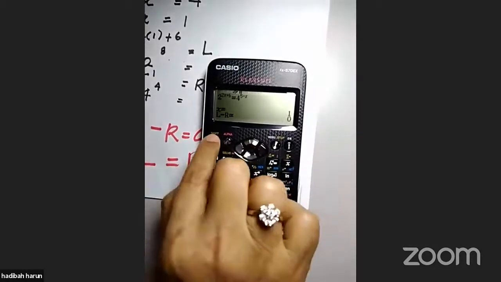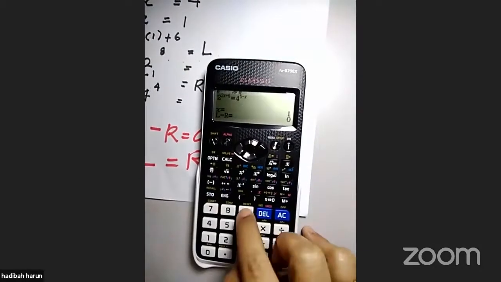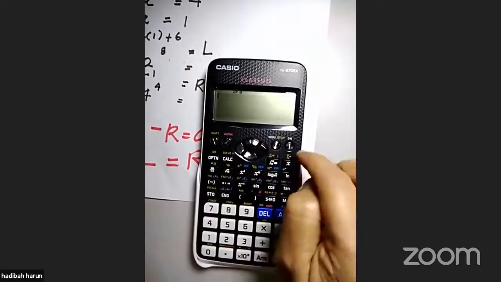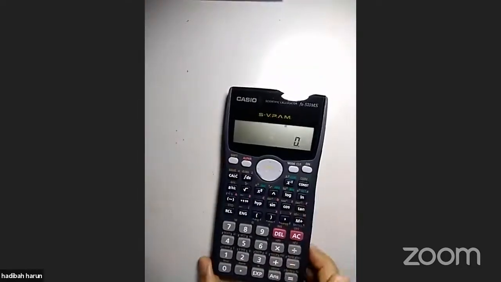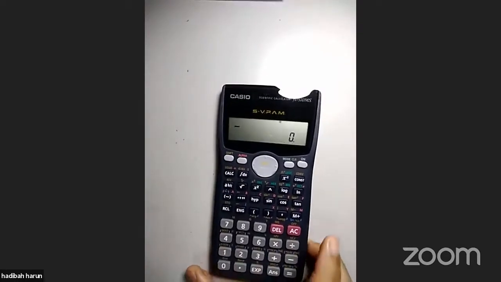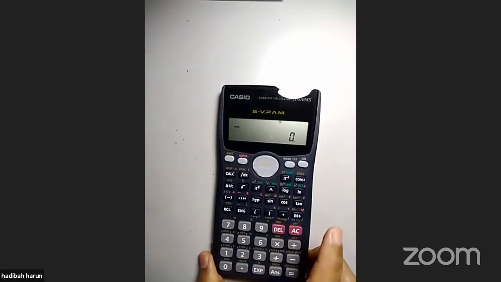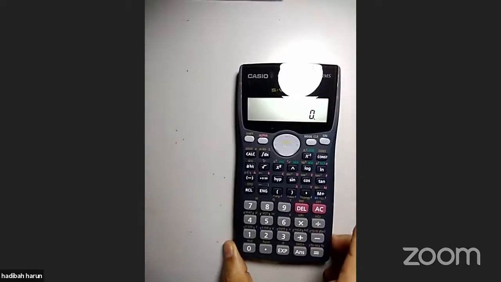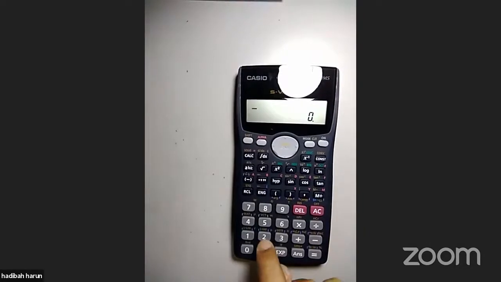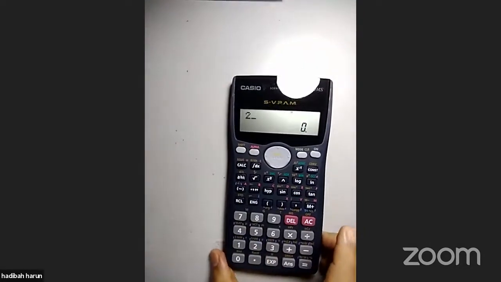Okey, so cikgu gunakan kalkulator yang satu lagi. Kita cuba gunakan kalkulator yang agak lama sikit ni, FX570MS. So kita mula dengan 2, to the power of yang bentuk bumbung ni.